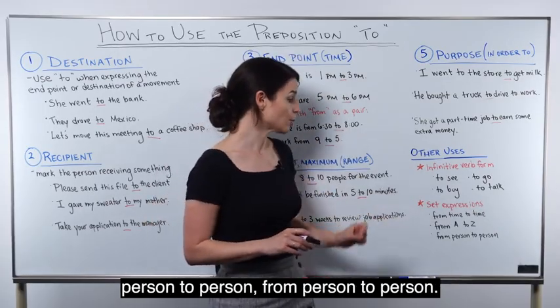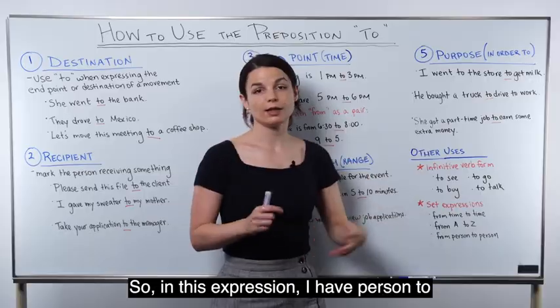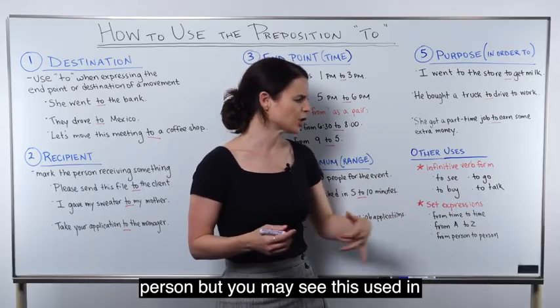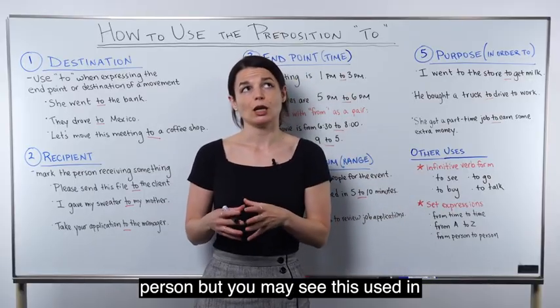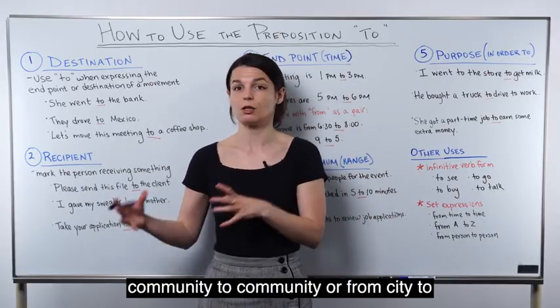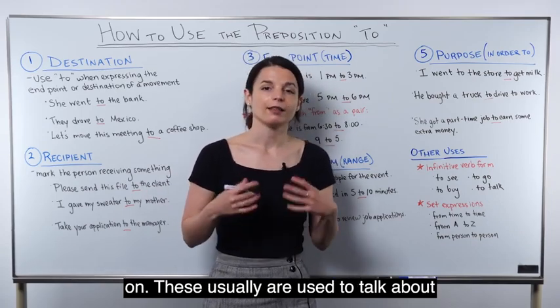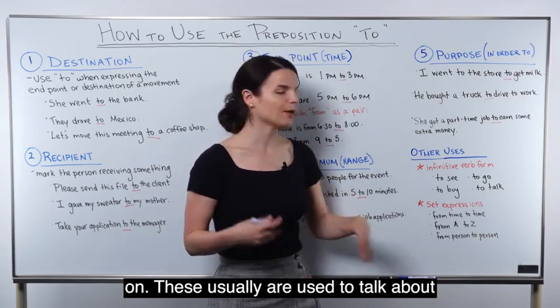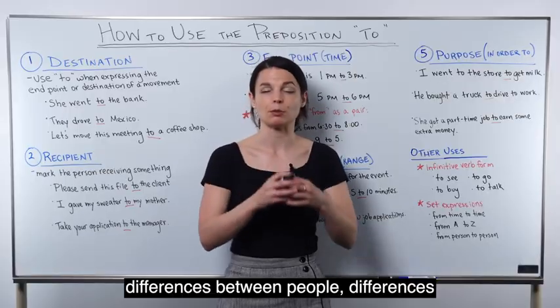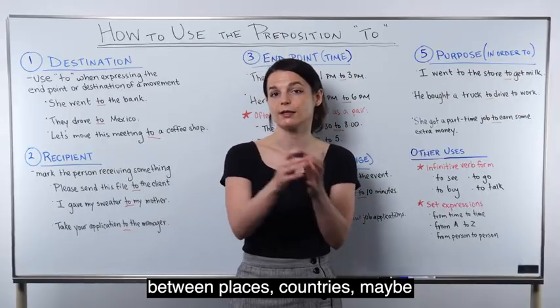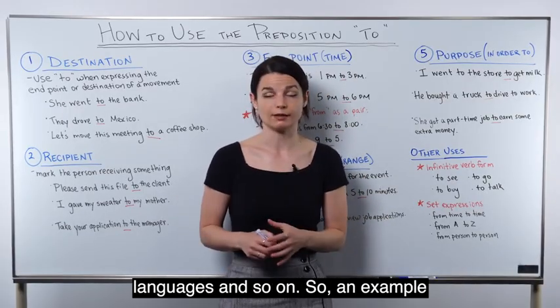Lastly, from person to person. So in this expression, I have person to person, but you may see this used in terms of groups of people, like from community to community, or from city to city, or from country to country, and so on. These usually are used to talk about differences between people, differences between places, countries, maybe languages, and so on.